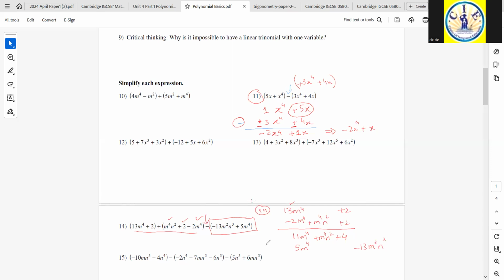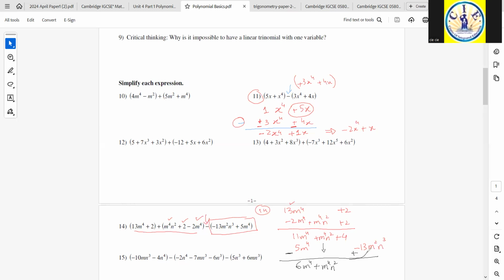So this would become negative now. Also, this negative term would become positive now. So 11 minus 5, that is 6m raised to the power 4, and this term is going to be copied down without any change, m raised to the power 4 n squared.